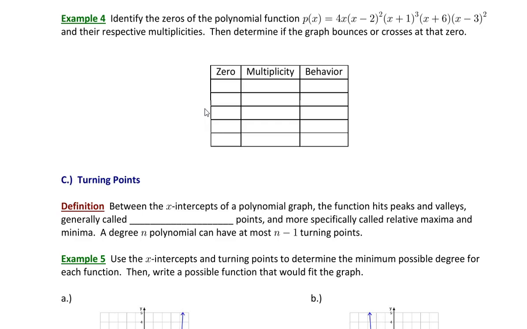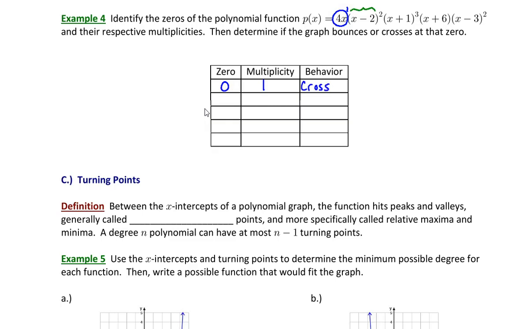So remember, to find the zeros, we set each factor equal to 0 and solve for x. So if I set 4x equal to 0 and solve for x, we're going to get x equals 0. Notice the exponent on that factor is 1. That's an odd number. So we can predict that the graph is going to cross the x-axis at x equals 0. My second 0 is going to come from this factor.